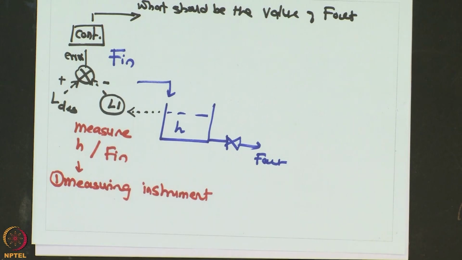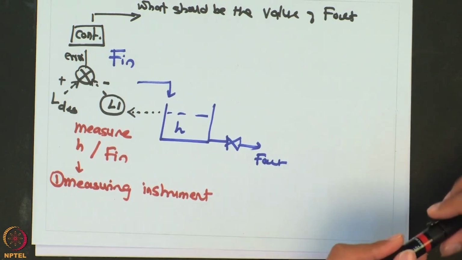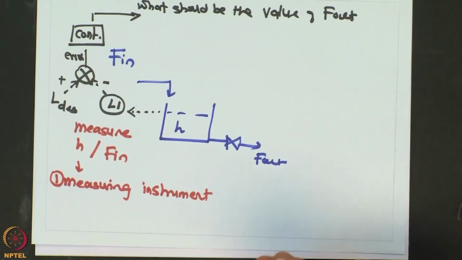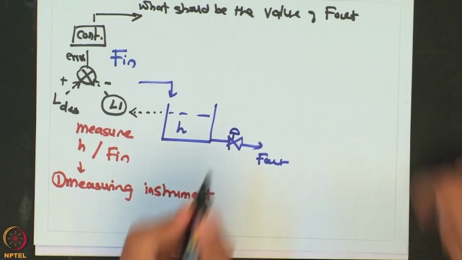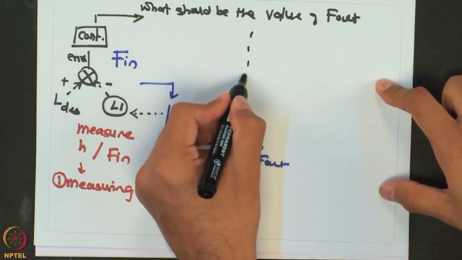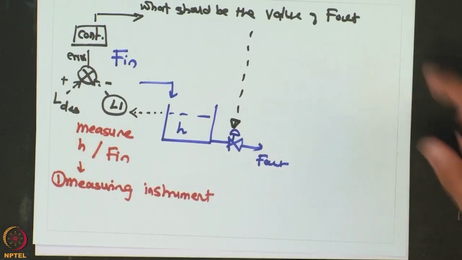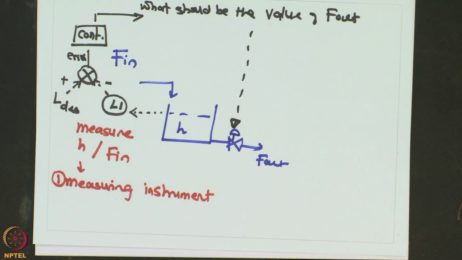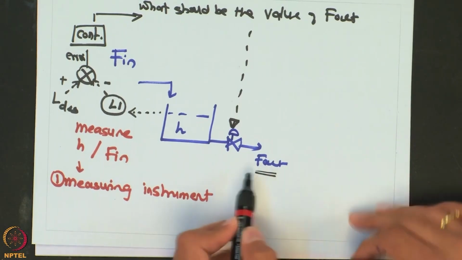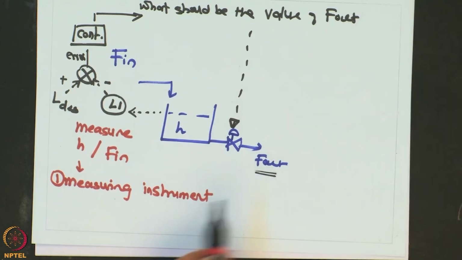Just by saying this is the value of the outlet flow rate, the process is not going to adapt that value. So, that particular value has to be sent back to the process, and there is a control valve. So this controller will then talk with this control valve, change its opening, either it will open the valve or close the valve, so that the desired value of F out is maintained.